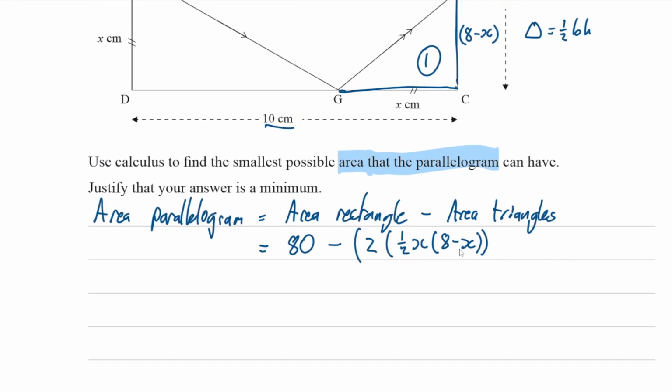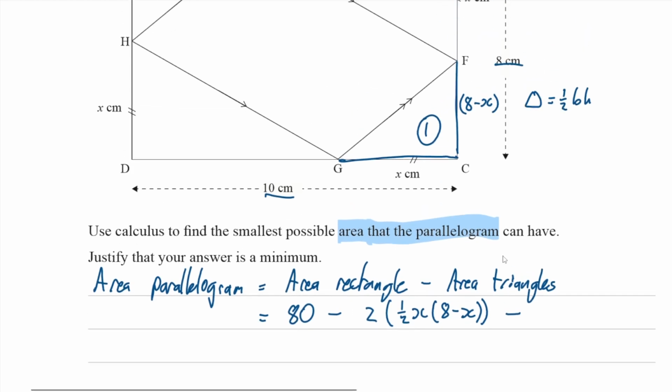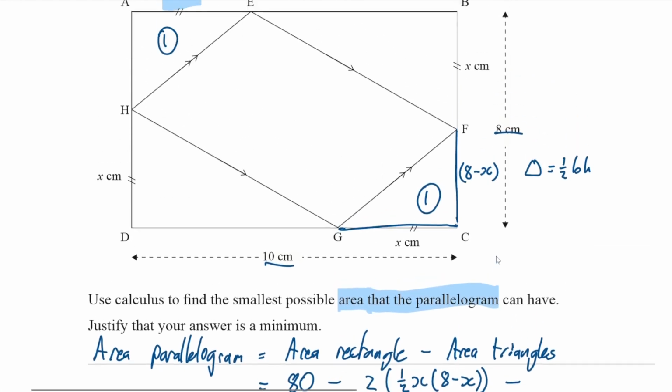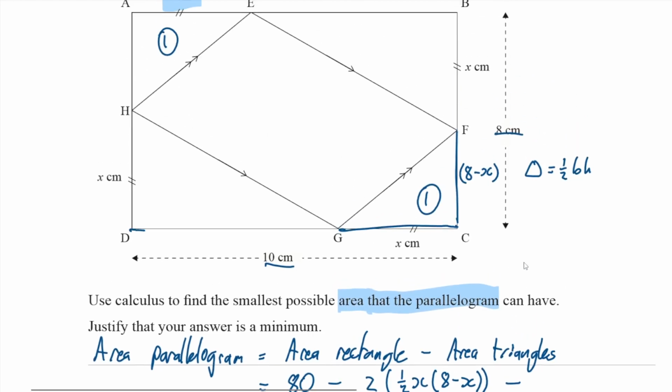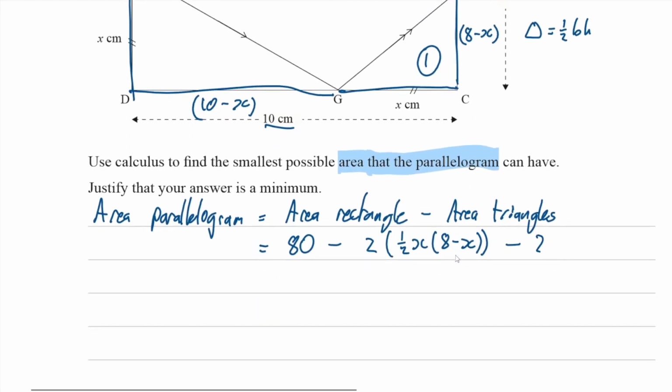The other triangles, just to avoid confusion, I will subtract the other triangles as well, instead of subtracting the addition of the 2 triangles. So the other triangles: base 10 minus x, height x. We have 2 of them, half times base times height. Great. And so that is our area.